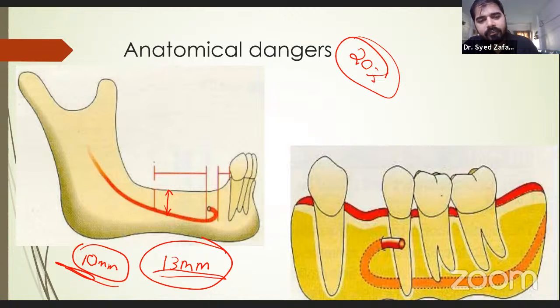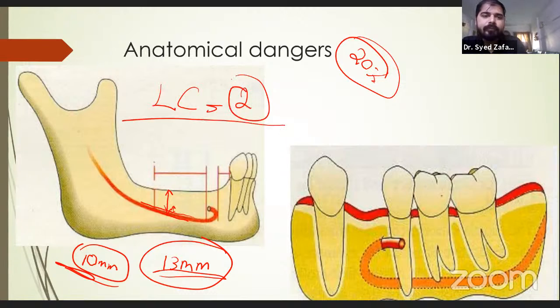After the canal, if you have seen the canal running, you have to give some safe margin. Guidelines recommend 2 mm from the inferior canal. So you have to give a safe margin, 10 minus 2, and almost an 8 mm implant you will plan. I hope you understand what I am saying.